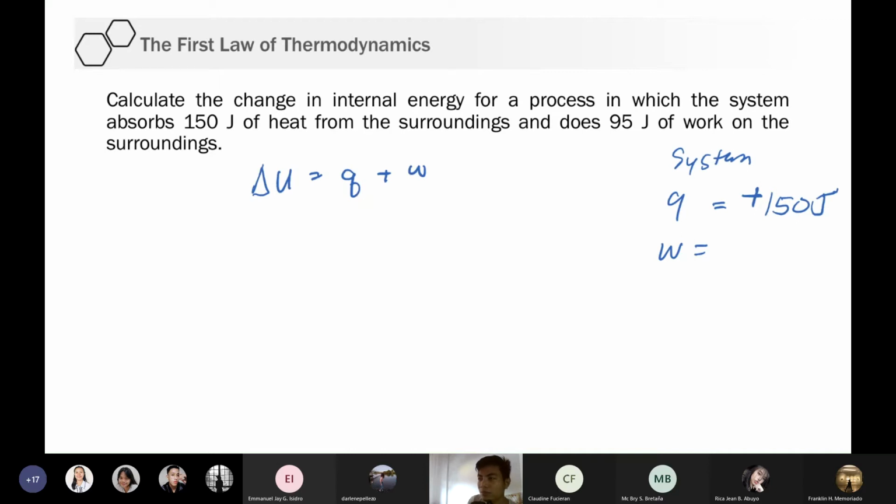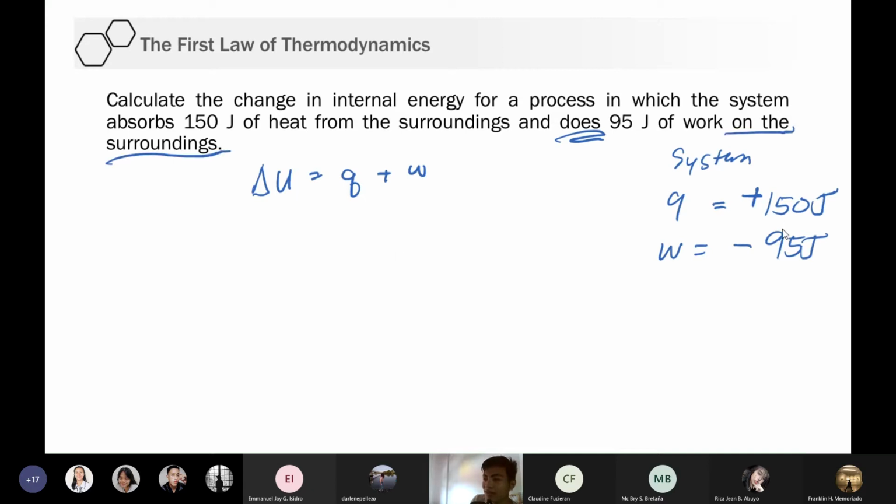Ngayon naman, kunwari, yung system does 95 joule of work on the surrounding. Ibig sabihin, gumawa siya ng work sa paligid. Either tinulak niya yung paligid niya. Naglabas siya ng work. So, ano yun? Negative 95 joule. If your system does work on the surroundings, negative yun.